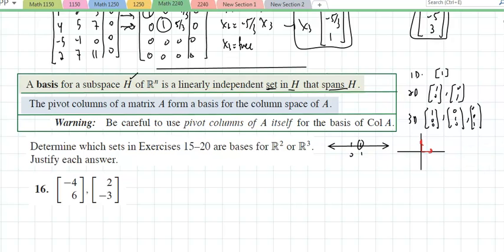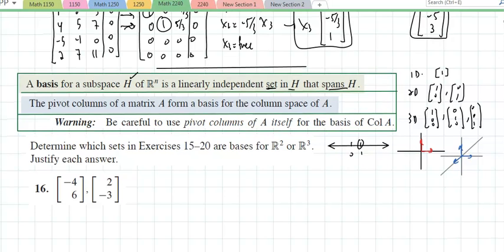For 3 dimensions, to pinpoint any location, you need multiples of those three vectors. For 4 dimensions, you add another 0, and so on: (0, 0, 0, 1). You multiply those.